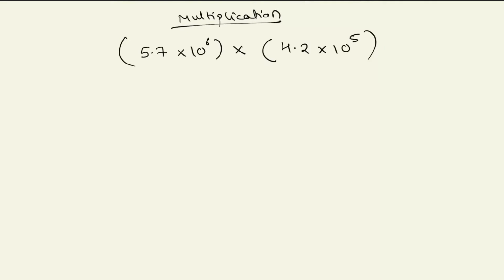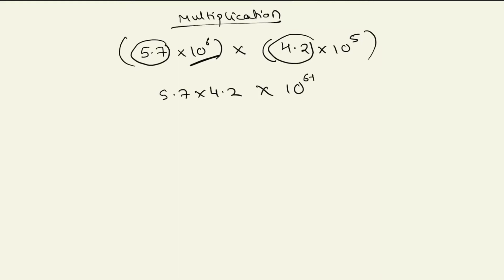In this case, first of all, this integer value we will multiply separately, and the exponent which we are using we will simply add. So this is how we are going to solve it. That is 5.7 into 4.2, this we will calculate, and finally we'll just mention 10 to the power 11.